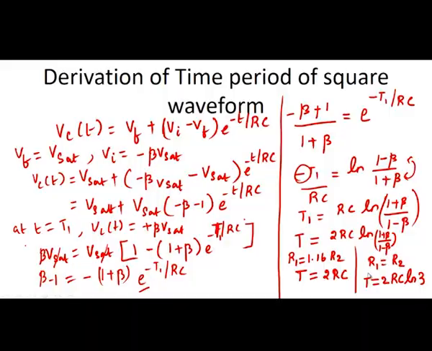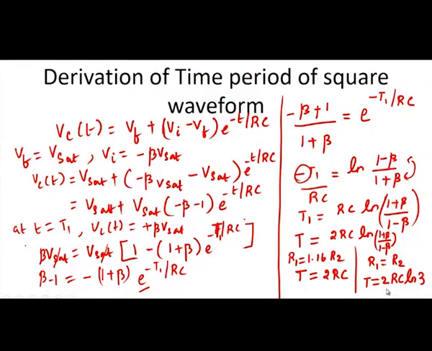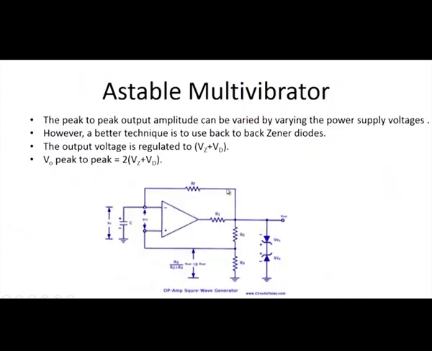So for designing, if you choose both the resistors equal, the time period of the output waveform is 2 RC natural logarithm of 3, and if R1 is equal to 1.16 R2, then it is simply T equal to 2 RC. So this is the total time period of the output waveform of an astable multivibrator. And what is the difference?